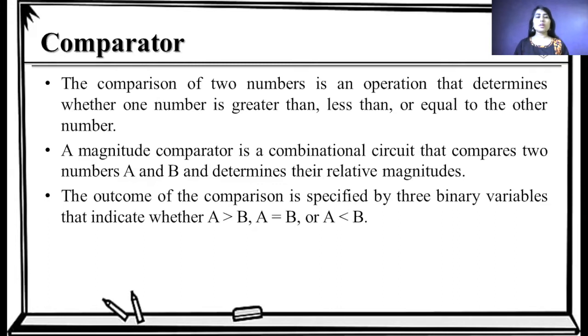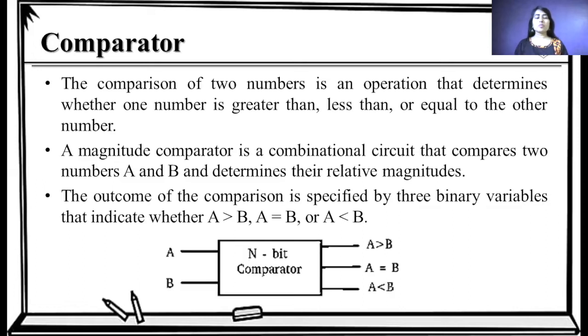The outcome of the comparison is specified by three binary variables that indicate whether A is greater than B, A equals B, or A is less than B. Here we have a basic block diagram of an n-bit comparator. N-bit means A has n bits and B has n bits, and after comparing A and B bitwise we have three possible outputs: A greater than B, A equals B, or A less than B. So let's discuss the 1-bit comparator, 2-bit comparator and 4-bit comparator one by one.